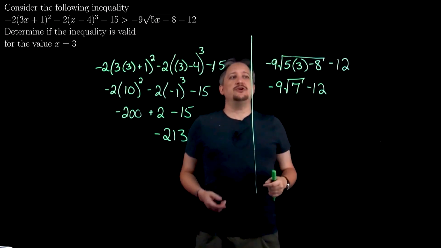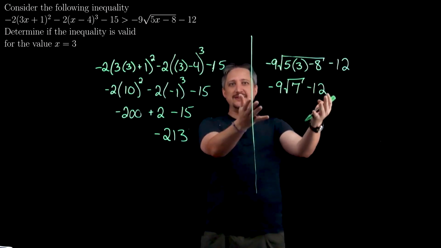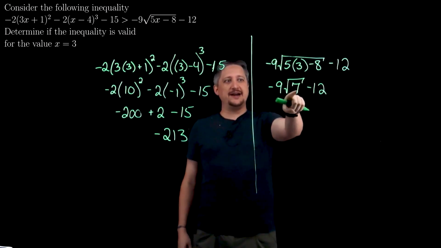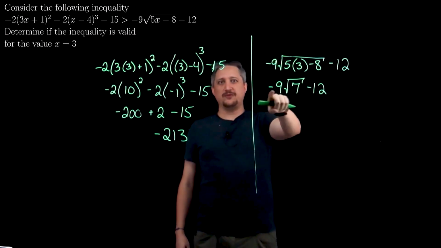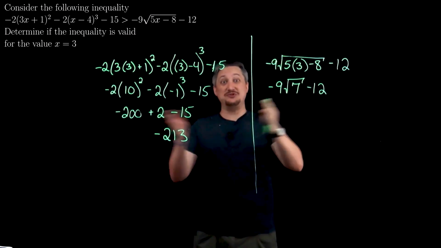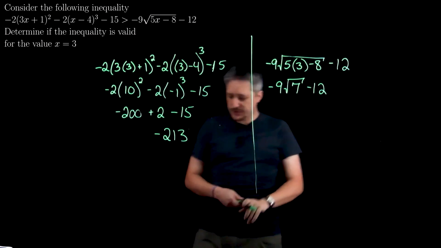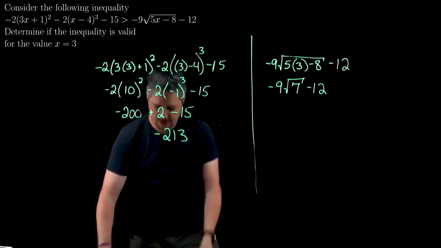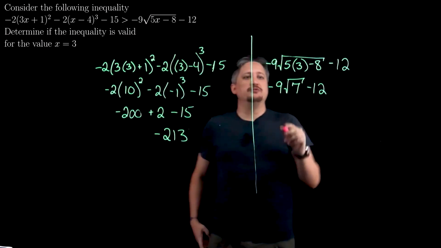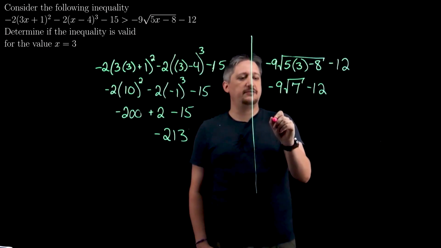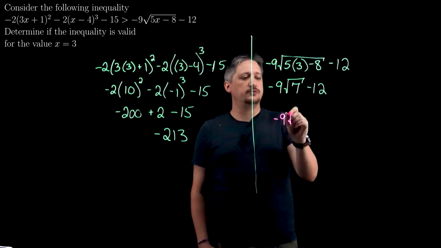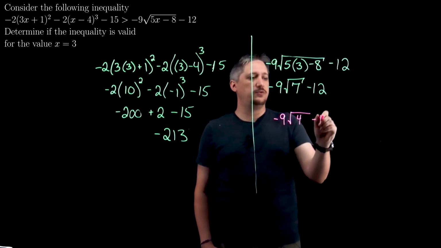What I could try to do though is figure out roughly where this is by looking at the nearest perfect squares in each direction that I could do, right? So for example, if this were square root of 4, then I would have -9 square root of 4 minus 12.